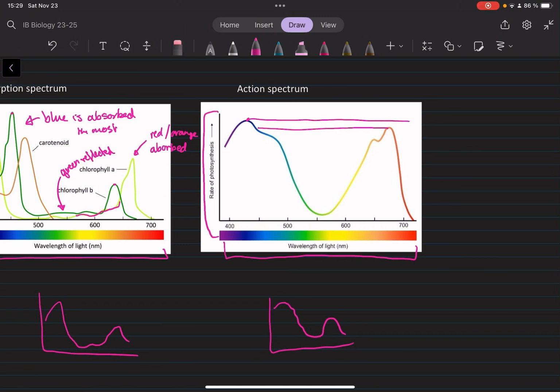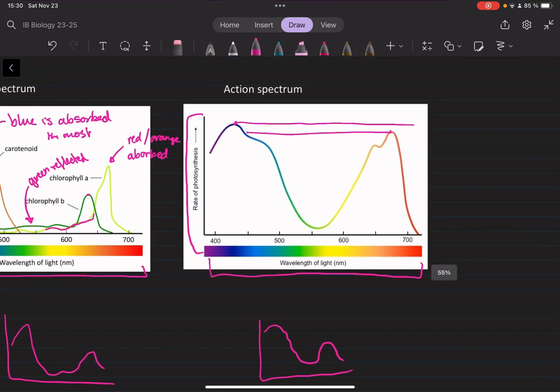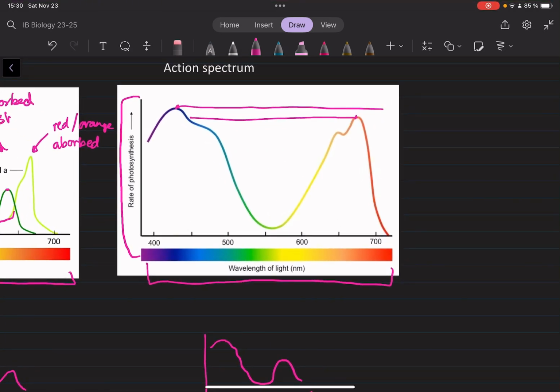So that's pretty good. Now, the action spectrum is the rate of photosynthesis, so if you really need to think about why it looks like this: blue light is the most light being absorbed by a leaf, which would mean a higher rate of photosynthesis because, as we said before, an increase in light absorption leads to a higher rate of photosynthesis.